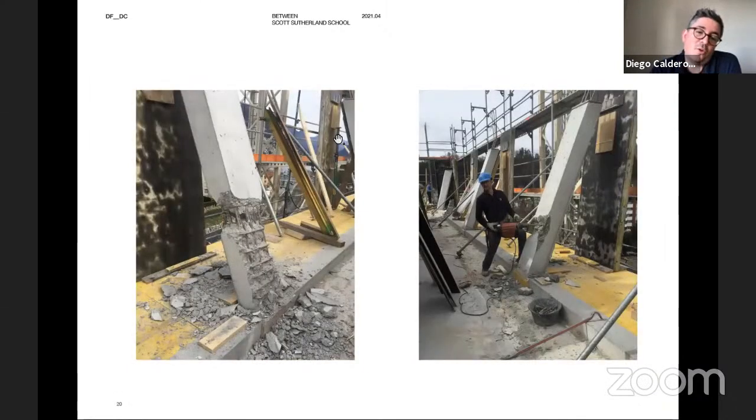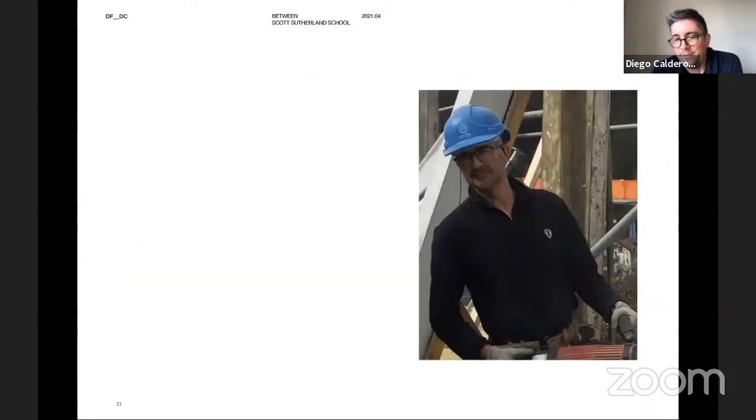So this is more of an anecdote, but you can see this guy who was really proud of his action of having to demolish these otherwise very nice pitched in situ cast pillars. I thought I could give you a closer look at his face.